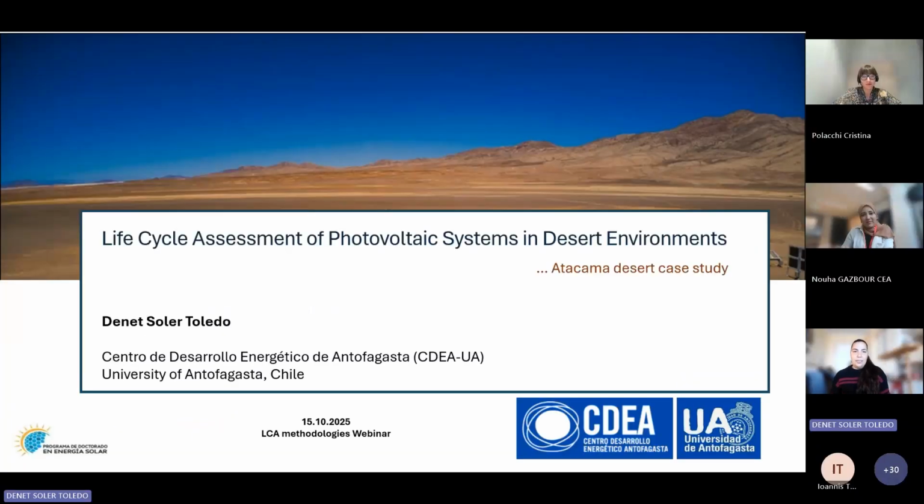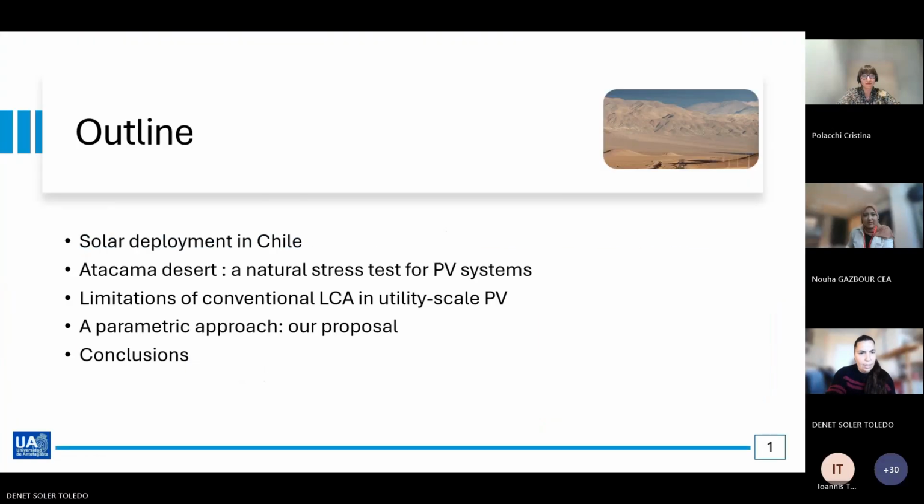Today I would like to present the results of applying life cycle assessment to PV systems in desert environments, specifically the case study of the Atacama Desert. Before going to the details, I will share the structure of my presentation.